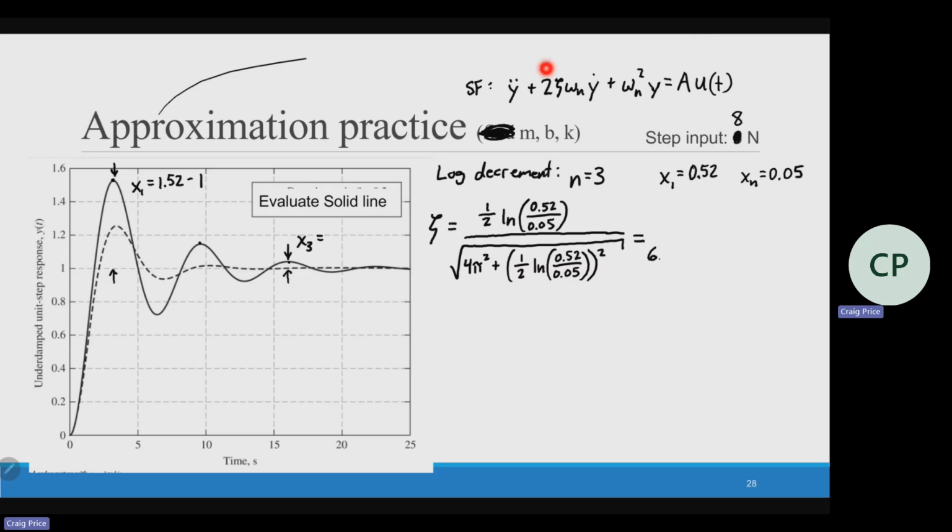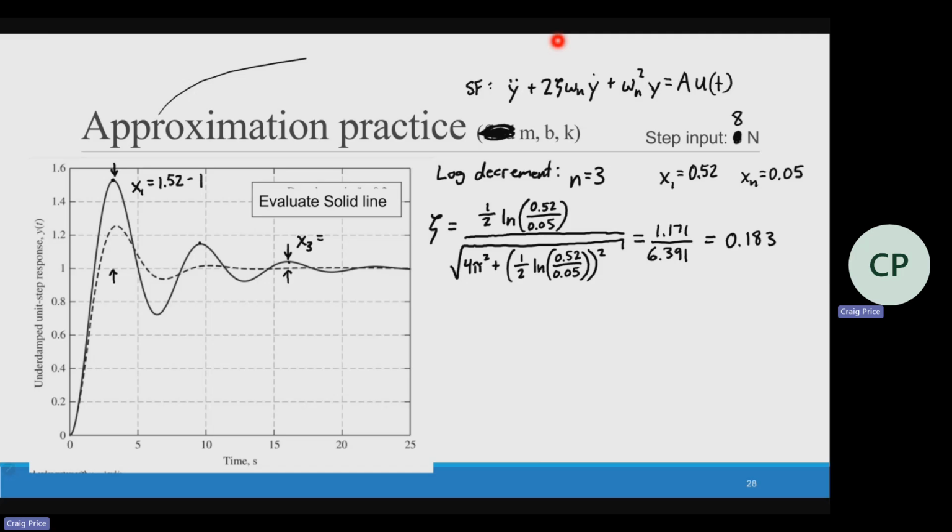Anyways, I got the denominator here. I'm not rich enough to have these guys. And this is 1.171. So I got 0.183.